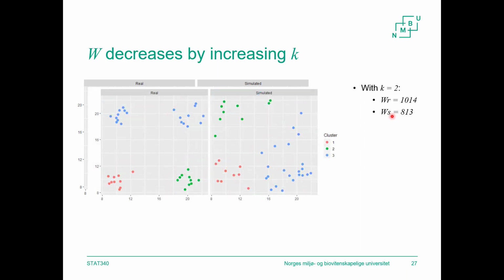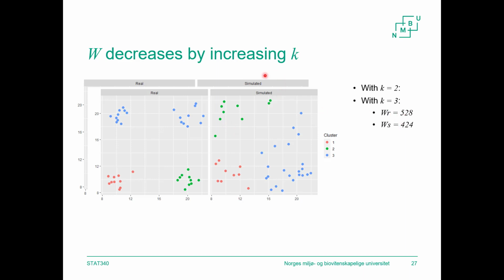Then we increase to 3 groups, and it looks like this: red, blue, and green here, red, blue, and green over here. Again, we can compute this within sum of squares, and the values get smaller again. But still, we can see they are more or less in the same relation. This one is slightly bigger than this one.